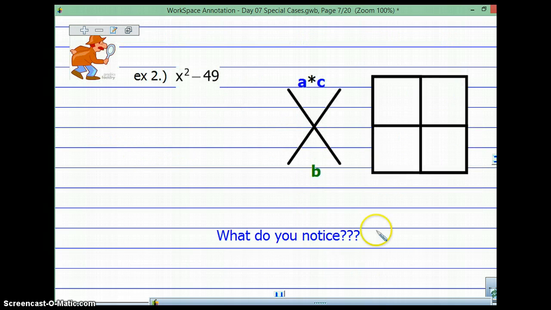Let's try the next one. Very similar. A times c is negative 49x squared. What's your b? Oh yeah, it's 0x. It's hidden inside there.